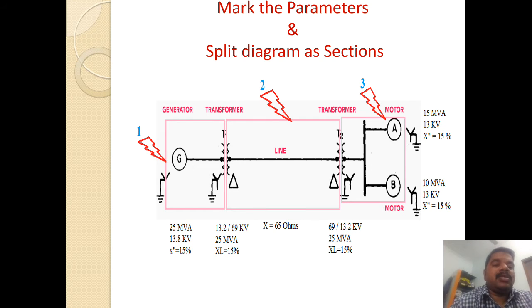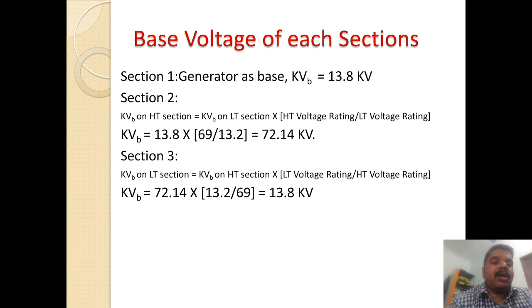The transformation ratio formula is: KVB on HT section equals KVB on LT section into HT voltage rating divided by LT voltage rating.